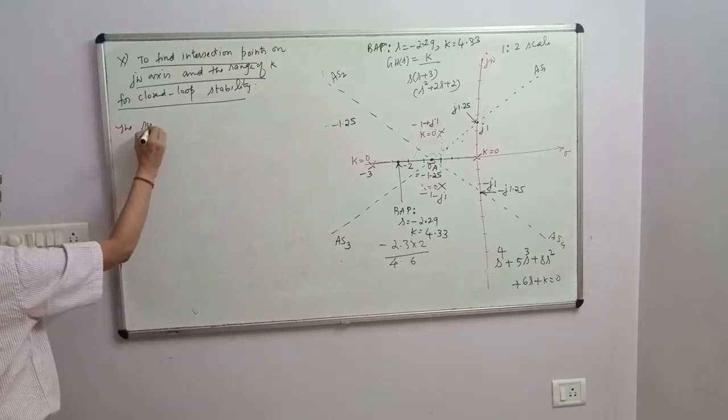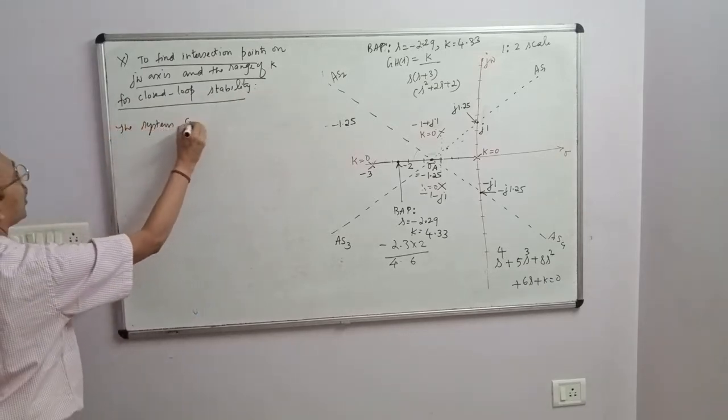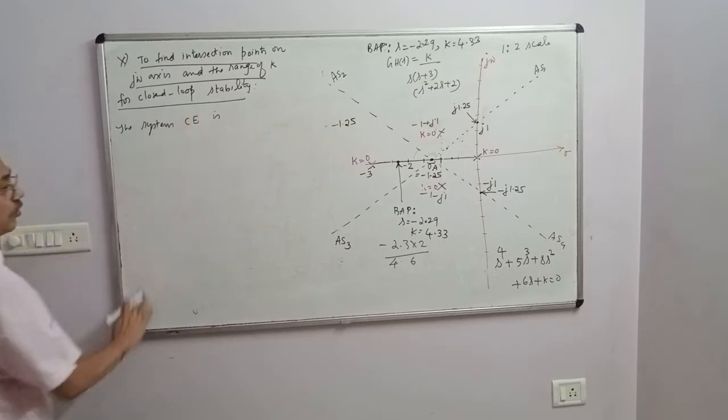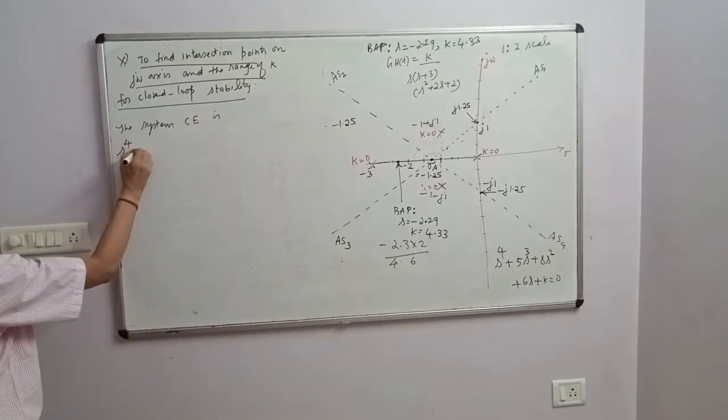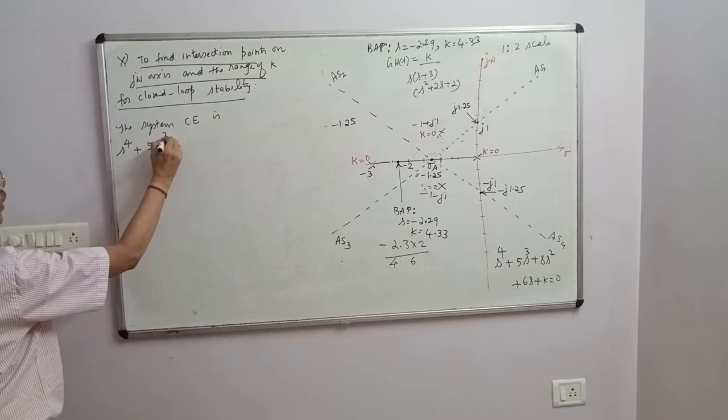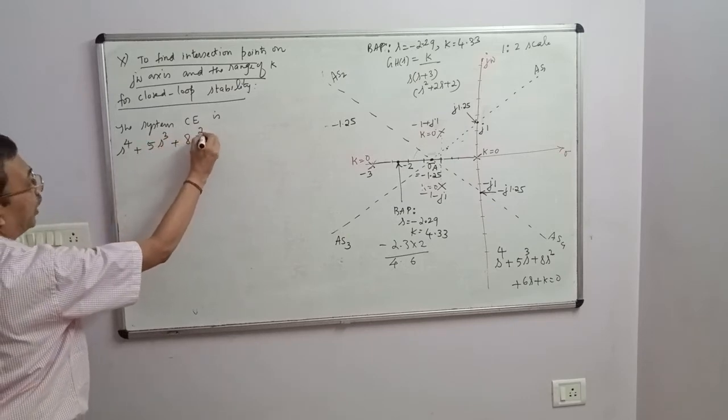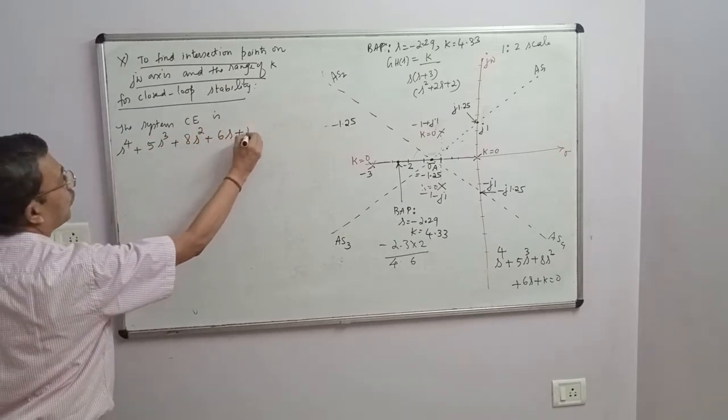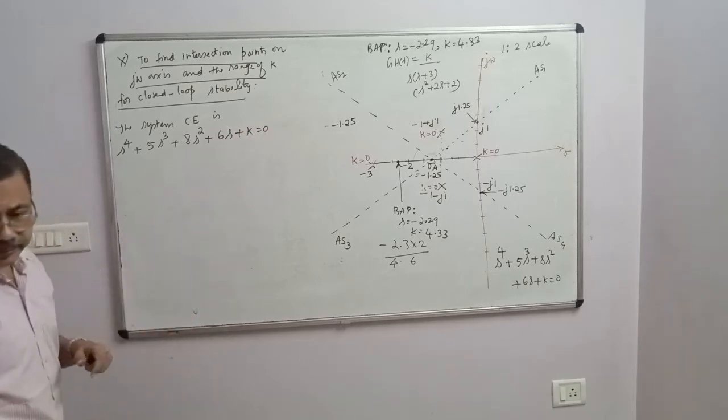The system characteristic equation is s to the power 4 plus 5s cube plus 8s square plus 6s plus k equal to 0.